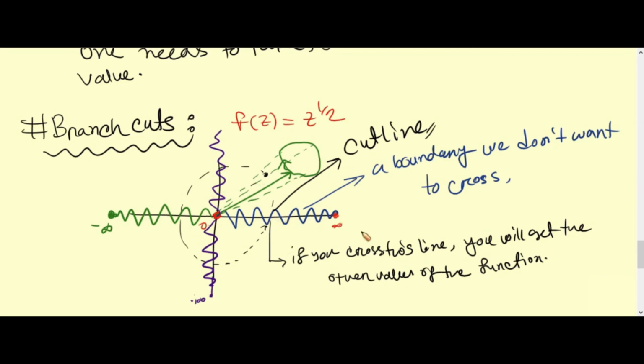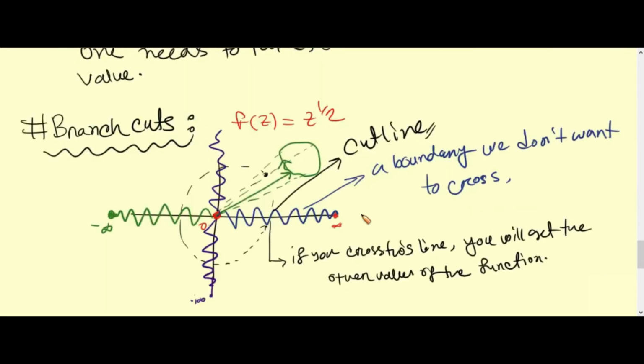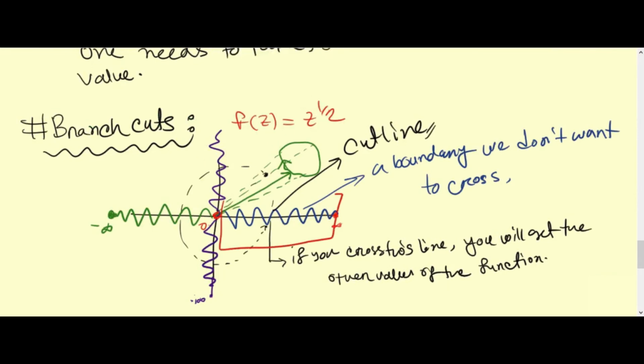All the branches are legitimate, but by some convention you have to choose something called a principal branch, and the principal branch for this square root of z is agreed upon to be the line over here, that is the positive real line. In the case of square root of z, this will be called the principal branch.